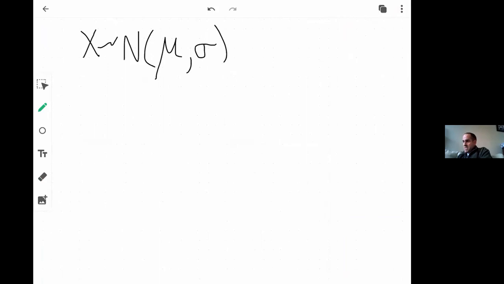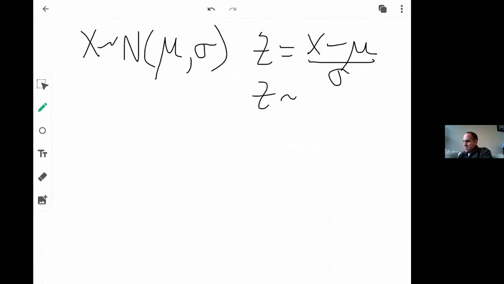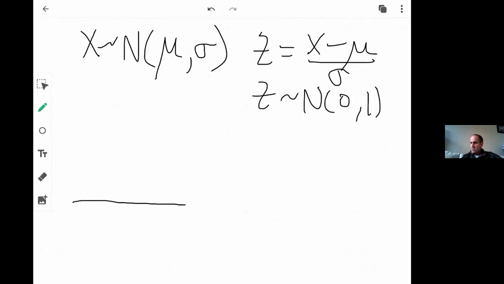Z is equal to X minus mu over sigma, and that's going to be distributed as normal with mean 0 and standard deviation 1. Okay, you can draw a little picture of the distribution function for X over here. And it's going to be a little bell-shaped curve like this, right in the middle.